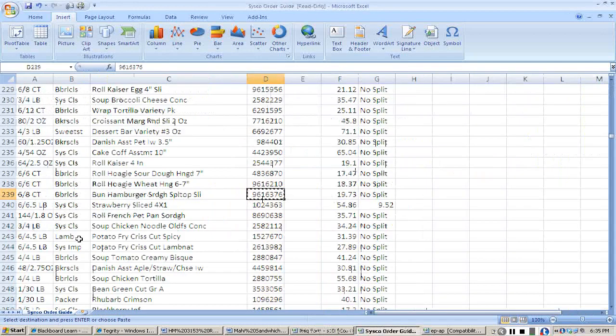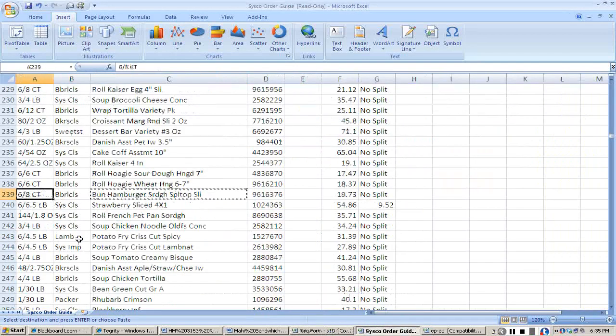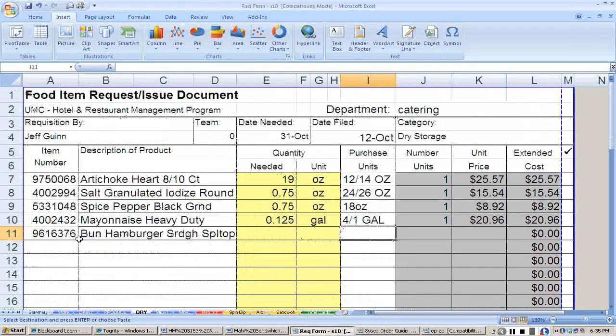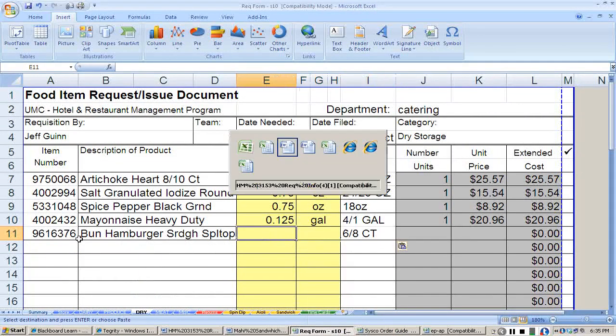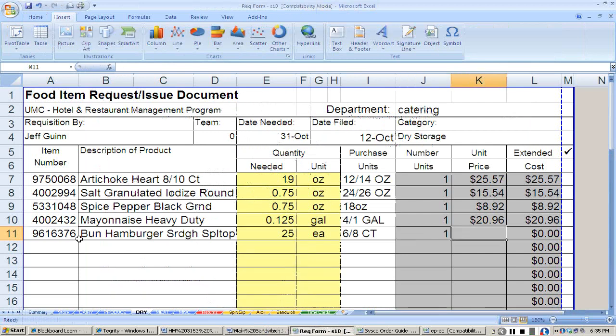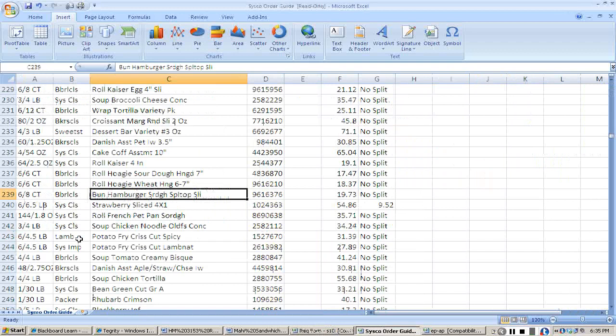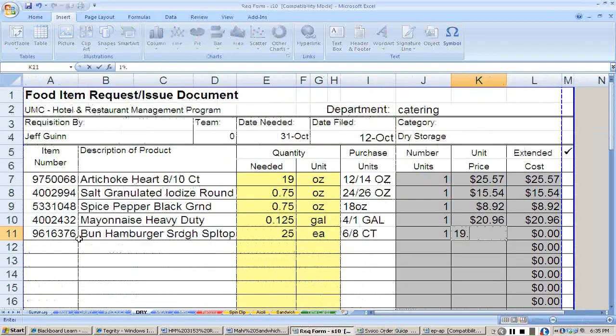It's a frozen hamburger bun. Alright, so it comes as 6 8-count bags. So in the box there's going to be 6 bags that have 8 buns in each bag. Recipe tells us that we need 25 buns, so 25 each. 6 times 8 is 48, so I'm just going to need 1 of those. And the price for those is $19.73.